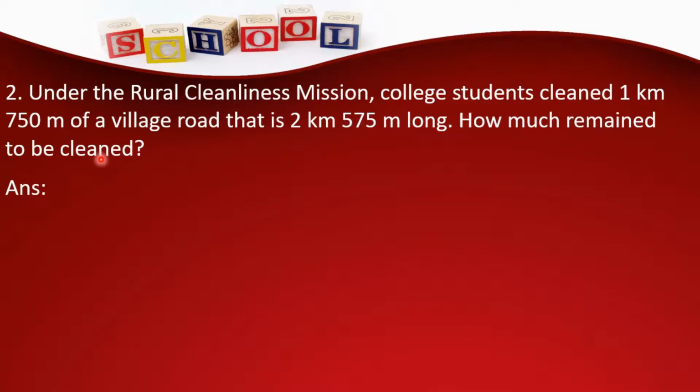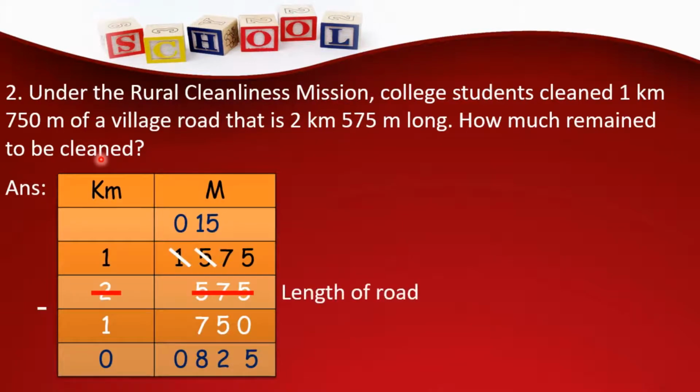So here we have total length of the road is 2 kilometers and 575 meters. Road cleaned by students is 1 kilometer and 750 meters. So to know the road remained to be cleaned, we have to subtract the road cleaned from the total length of the road.